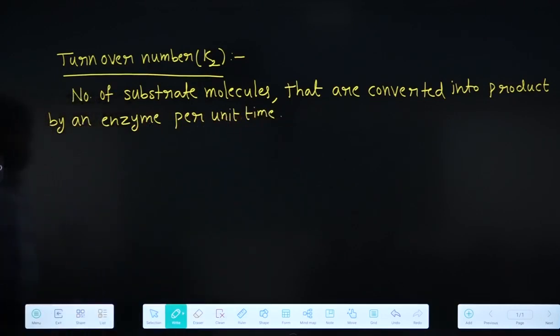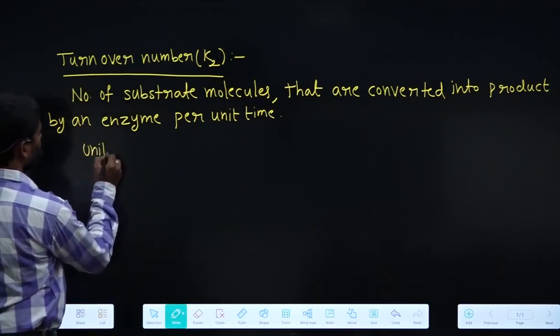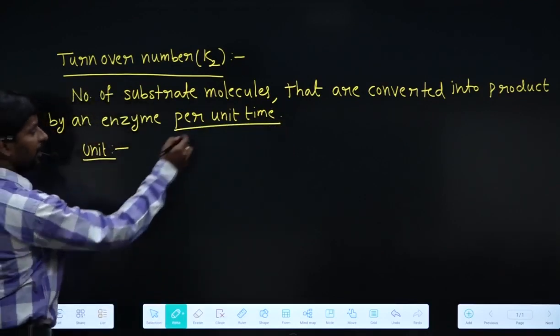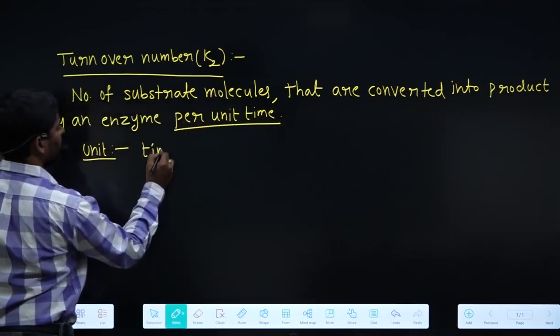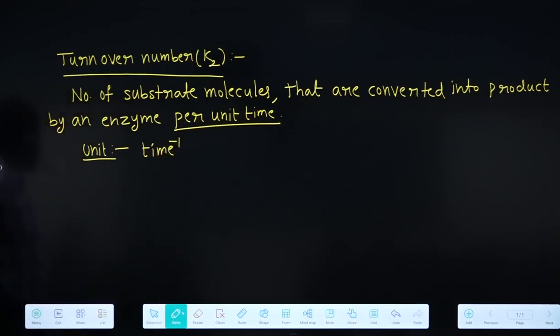So the unit for turnover number is time inverse. Within a given time, how many substrate molecules are converted to product by an enzyme? That is called turnover number.